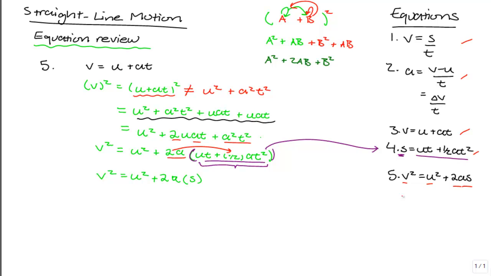Or the total displacement of the object during the period that we're considering. So please make notes of these equations. These are very important for you to know and be familiar with, to have that ease in doing exams that we all want you to have, and that I'm sure you want to have as well.